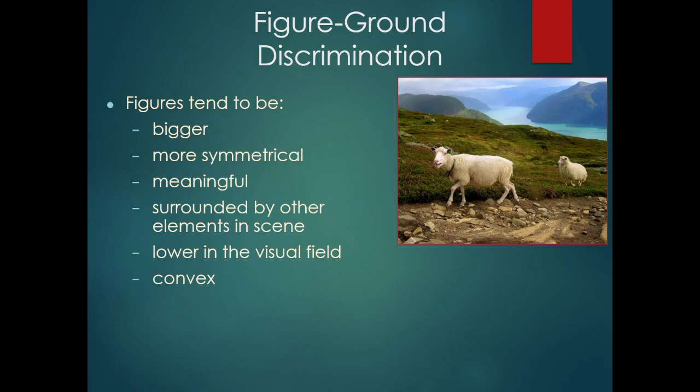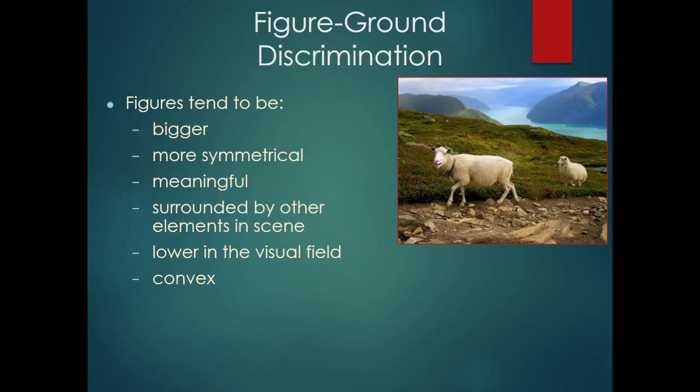All right, so as I went through that list, is the thing or things that you're focusing on as the figure fulfilling all of those criteria? Something I want to clarify about the bigger is that it's making a bigger retinal image. It's not necessarily bigger in the real world.